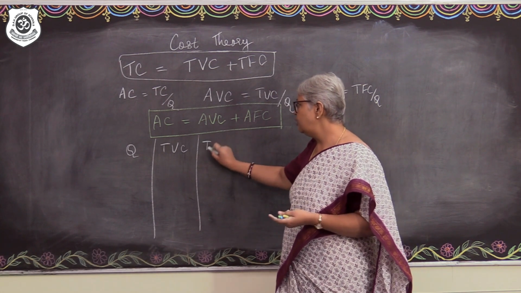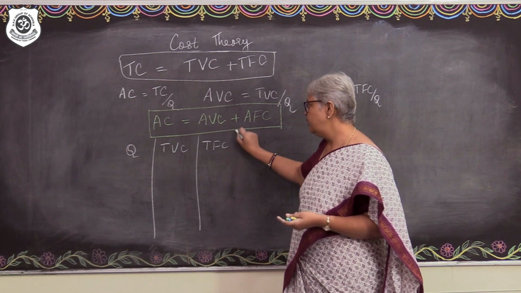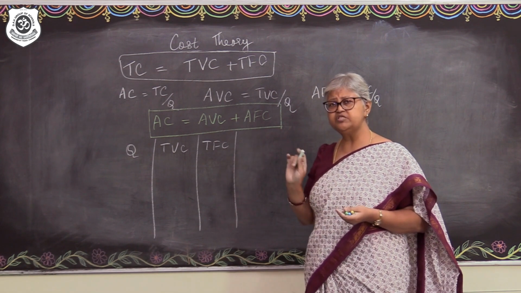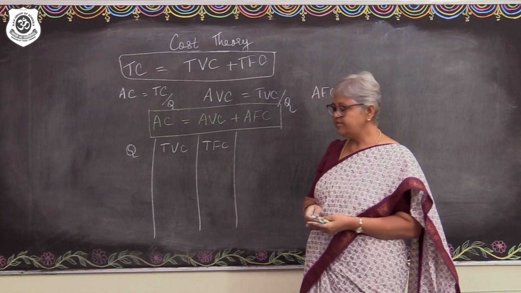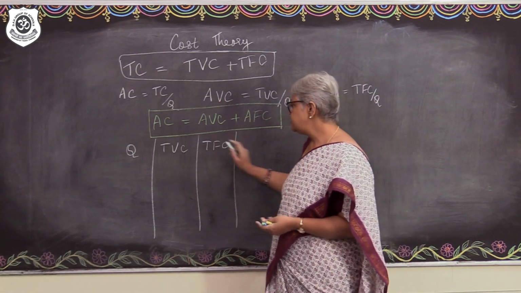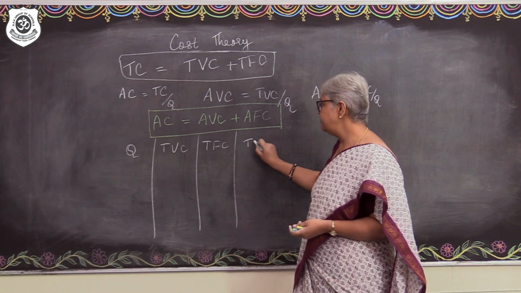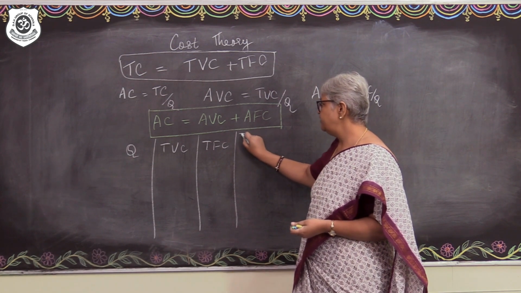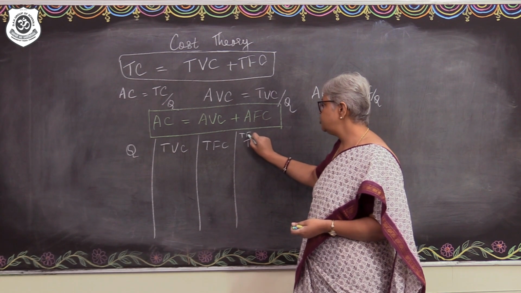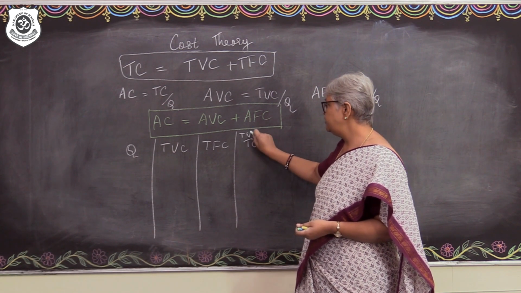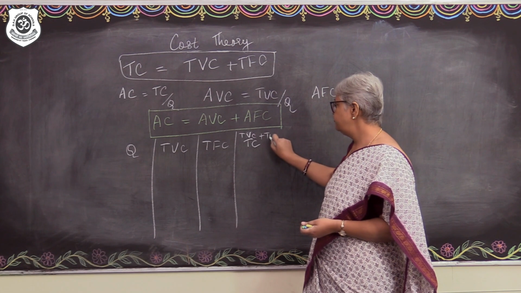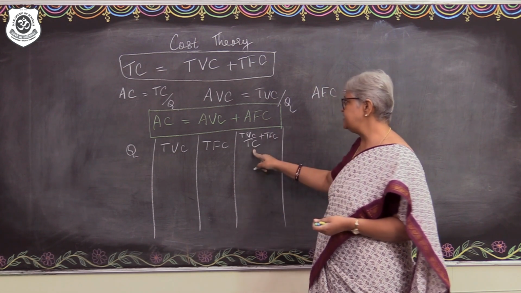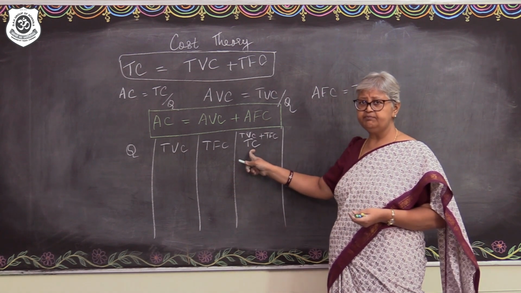And the total fixed cost will remain fixed at all the levels of output. So, from these two, you can arrive at the total cost, which is nothing but the aggregation of the total variable cost and the total fixed cost, or TC is TVC plus TFC.